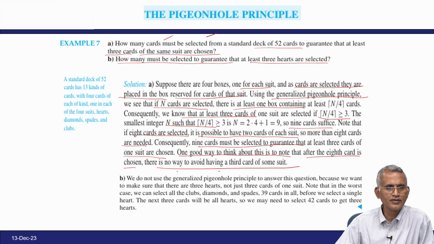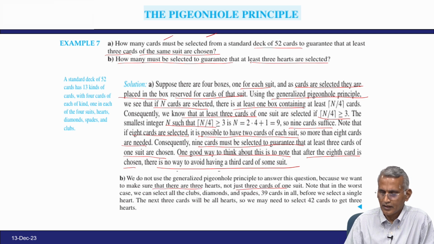Now, we are going to answer example 7b. We could not apply the generalized Pigeonhole principle for the second question, because we want to make sure that there are 3 hearts, not just 3 cards of one suit.